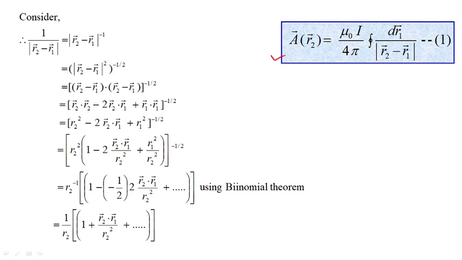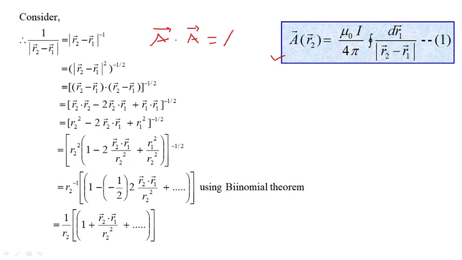We have to evaluate this. What is 1 by modulus R2 minus R1? It is similar to what we did in electrostatics; if you turn the pages back to the second chapter on electrostatics, you will find it. So first we find 1 by modulus R2 minus R1. This is modulus R2 minus R1 raised to minus 1. It's very simple: multiply and divide by 2, so we get the power of 2 and minus half. Modulus of a vector squared is just vector A dot vector A, which is A square.